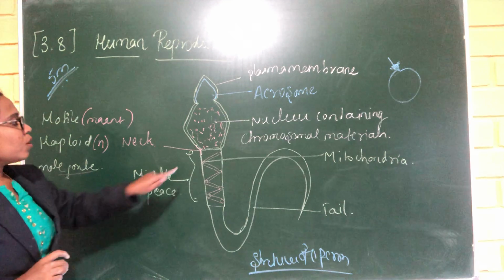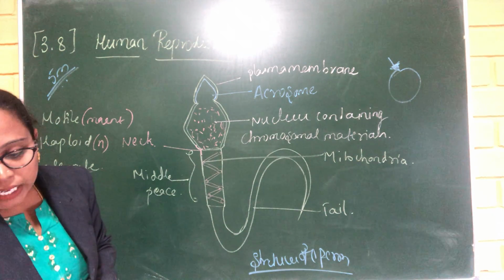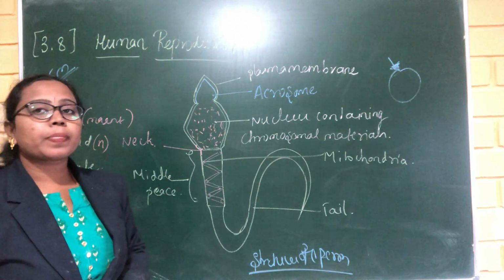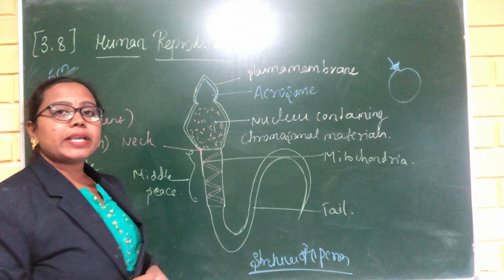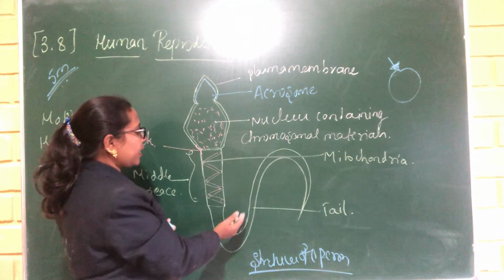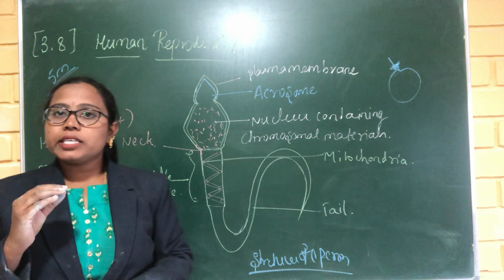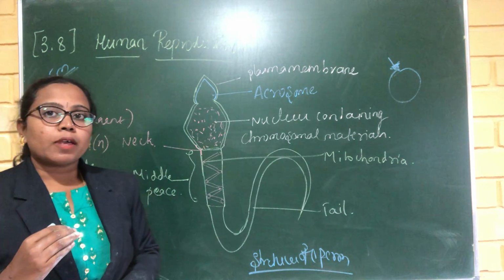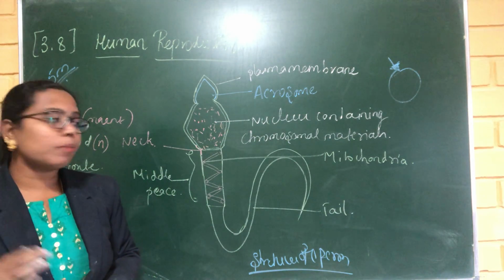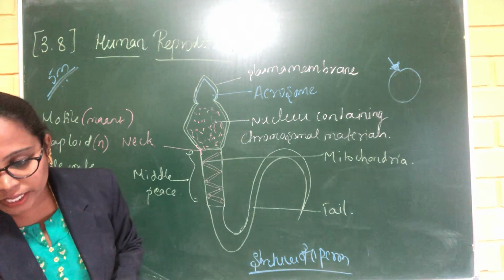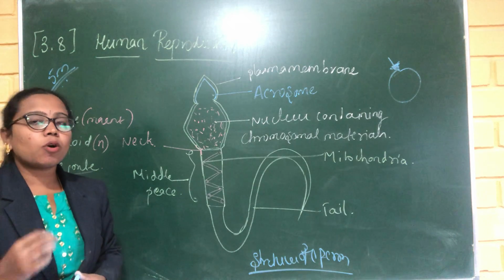After that, the middle piece is present, which consists of numerous mitochondria. It connects the head region and the tail region, and is filled with many mitochondria. What is the role of mitochondria?